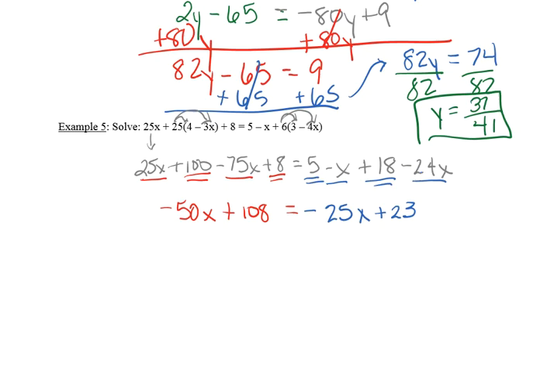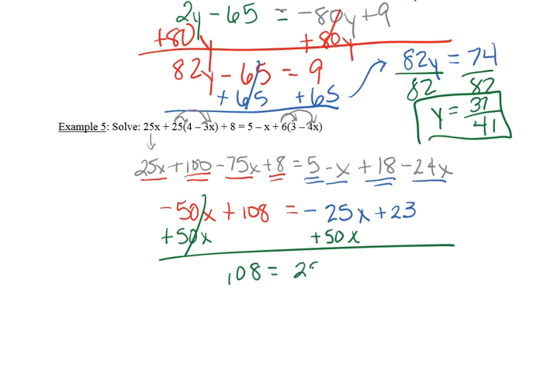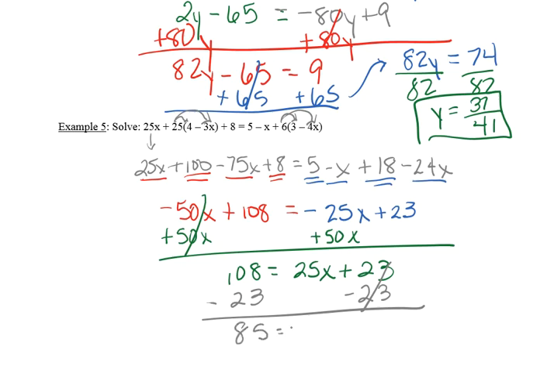Go ahead and move our x's first. I'm going to add the 50x. That'll turn all of my x's into positives. So I have 108 equals 25x plus 23. Move our 23 to get our constants all on the left. 108 minus 23 is 85.